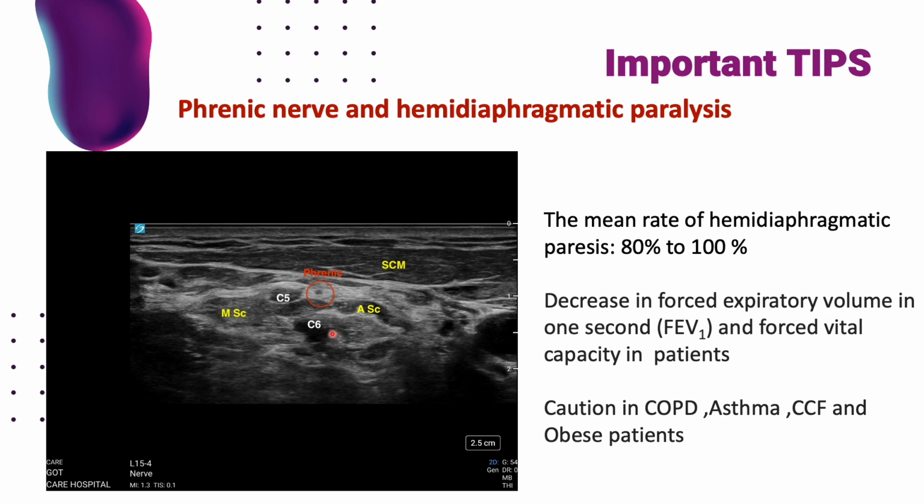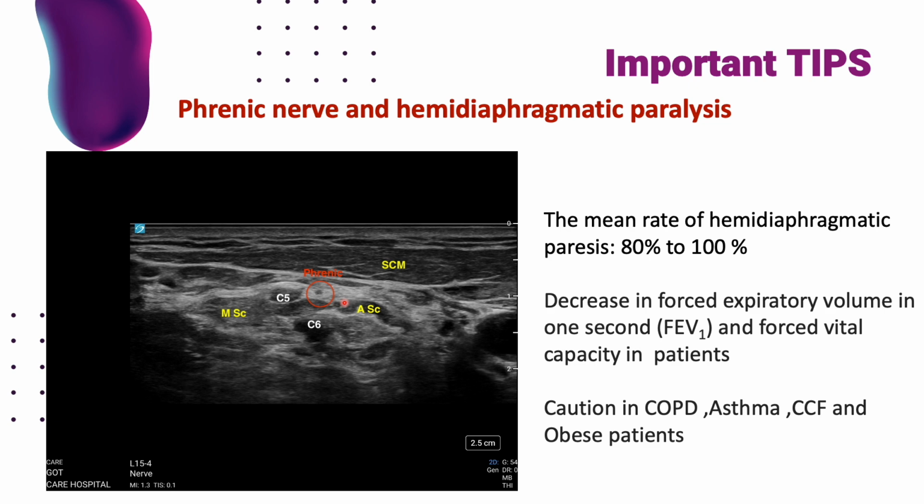If you look at this ultrasound picture, you can see the small black dot which is the phrenic nerve, and also how close it is to the C5 nerve root. Any local anesthetic given at this place can easily spread to the phrenic nerve, and can result in hemidiaphragmatic paresis.